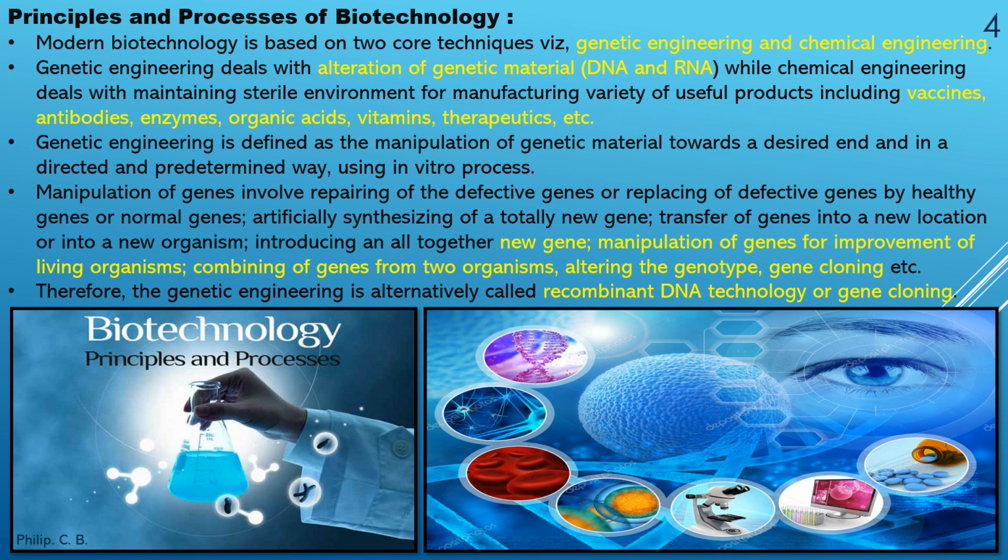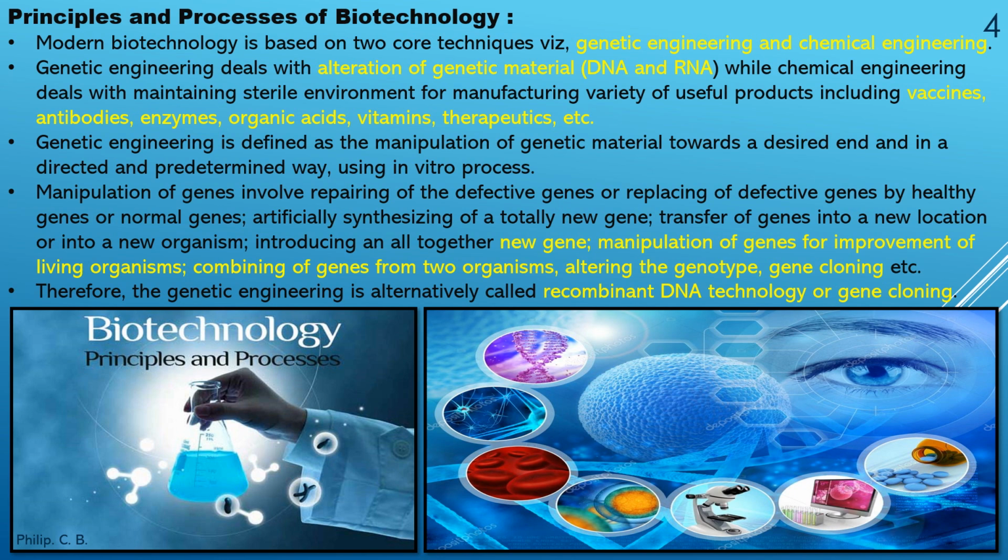Further, now we learn the principles and process of biotechnology from the basic difference between traditional and the modern part. So what are the principles? Modern biotechnology is based on two core techniques, which are genetic engineering and chemical engineering. So these are two important core techniques used in the principles and process of biotechnology.